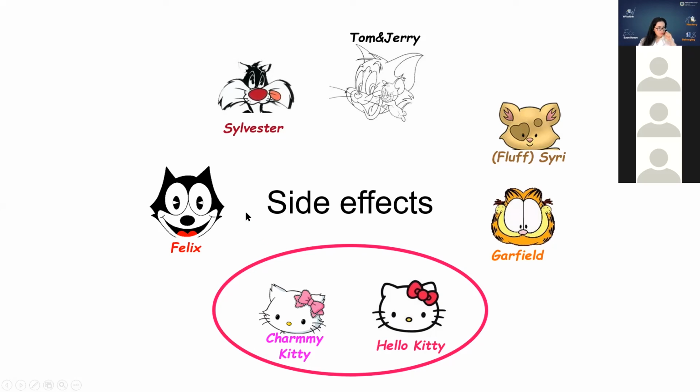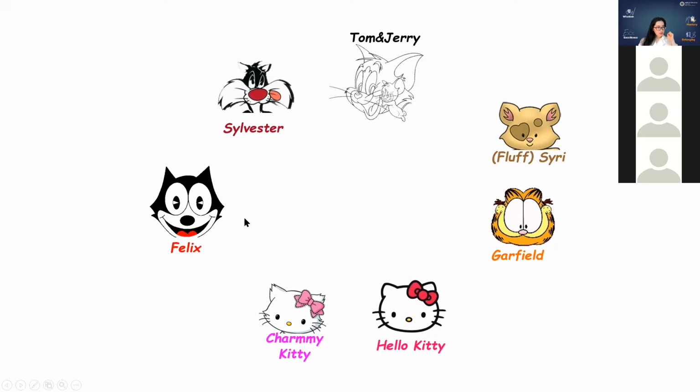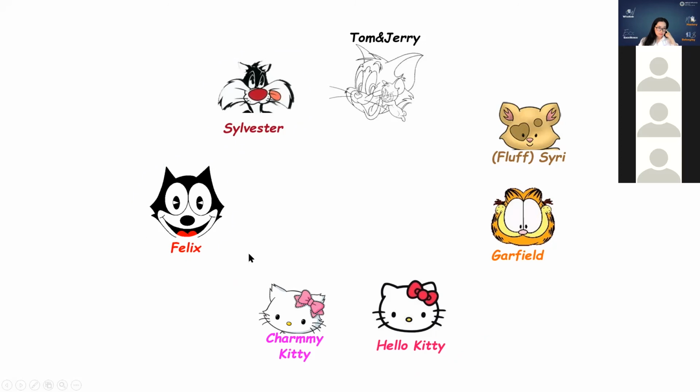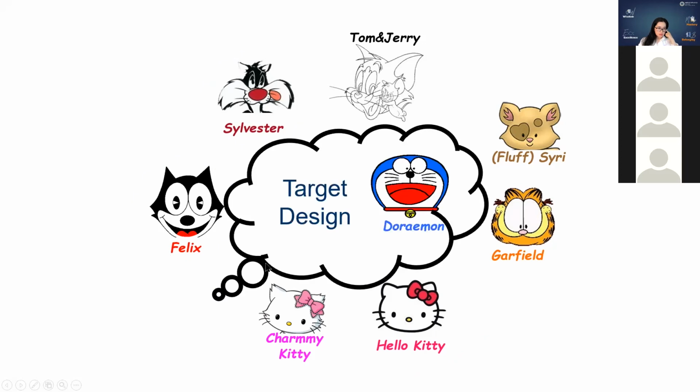Felix and Sylvester are a good example of what a good drug should be. It has a unique feature that still defines its character as a cat, and the mask will be very specific if we want to design a perfect mask for Sylvester and Felix. And in the future, we hope that drugs will be smart drugs, as in Doraemon.